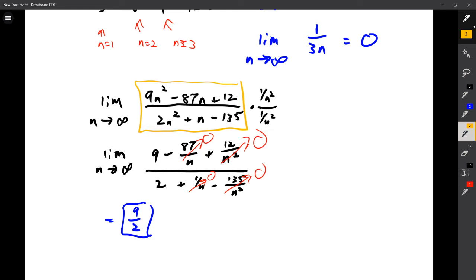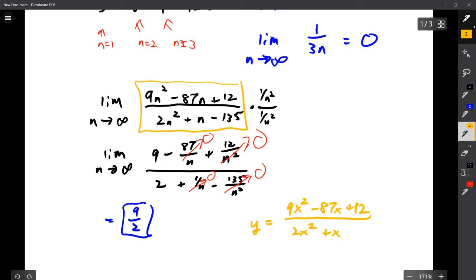Another way of looking at that is if we were to graph y equals this, but with x's, 9x squared minus 87x plus 12 over 2x squared plus x minus 135.